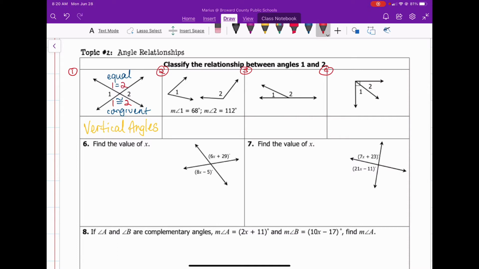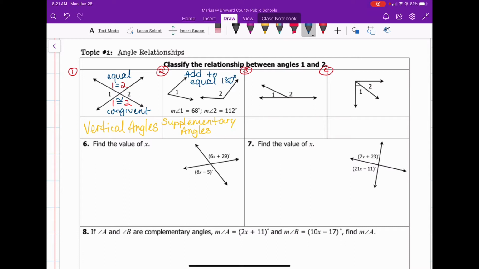All right, in the second diagram, so vertical angles are equal or congruent. They're the same as one another. The second diagram is what we call supplementary angles. Now, supplementary angles simply add to equal 180.